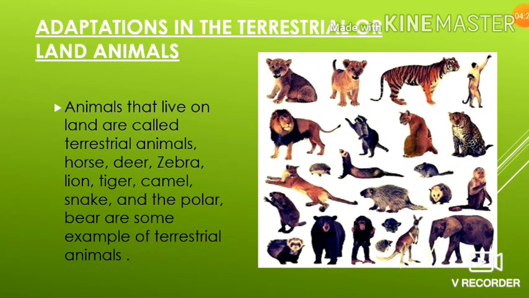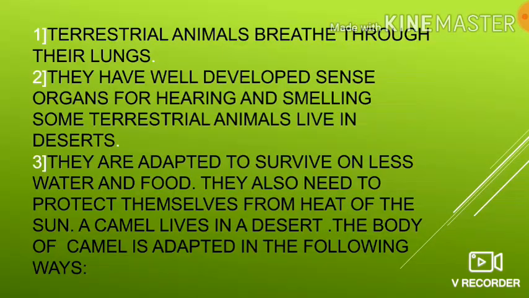Some important adaptations of terrestrial animals are: first, terrestrial animals breathe through their lungs. They have well-developed sense organs for hearing and smelling.